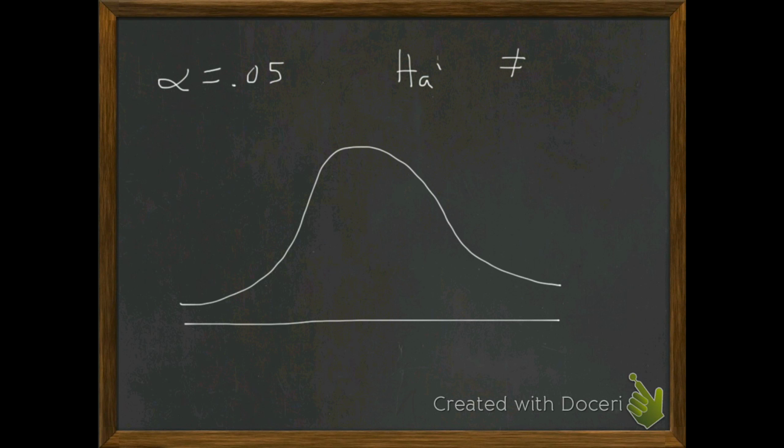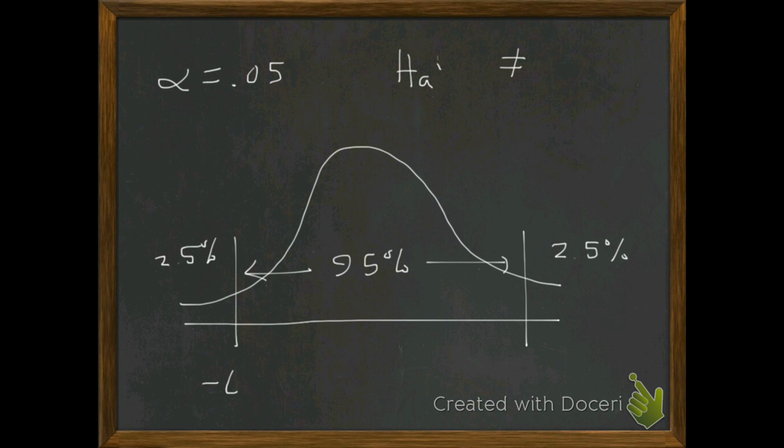Well, guys, if we're testing alpha 0.05 from an alternative hypothesis of not equal to, we're going to put half of our rejection region in the right tail, and we're going to put half of our rejection region in the left tail, leaving perfectly the bounds for a 95% confidence interval in the middle.